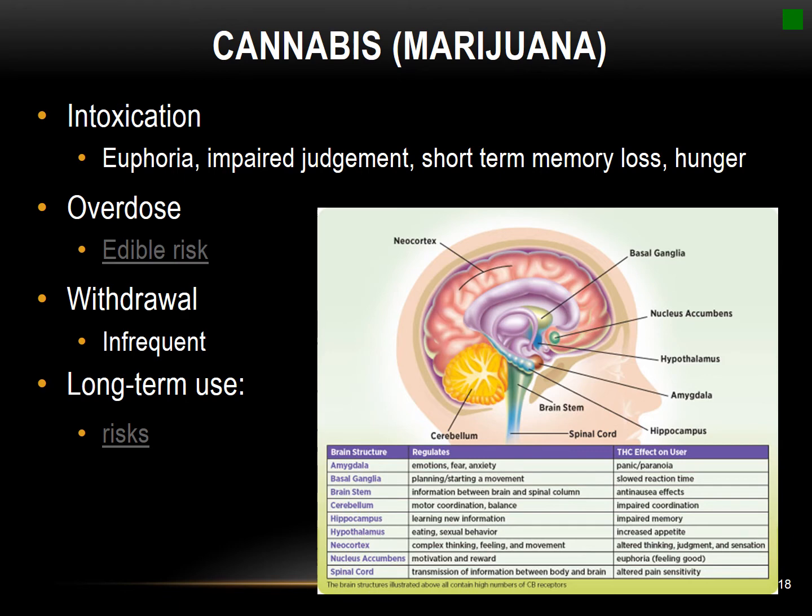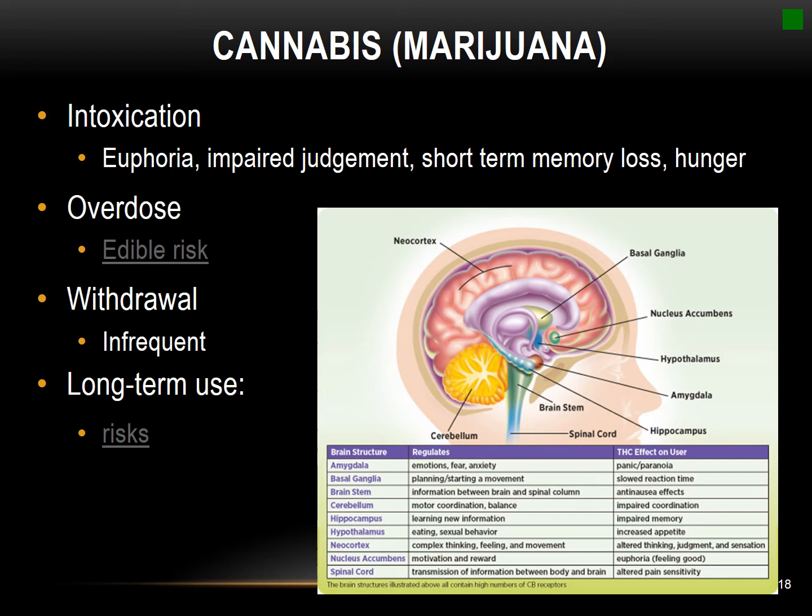If you click on the word risks in your PowerPoint right here, you'll learn more about that. Most users of marijuana don't go on to use hard drugs, but those who use hard drugs often started with pot. That's why it's called a gateway drug.